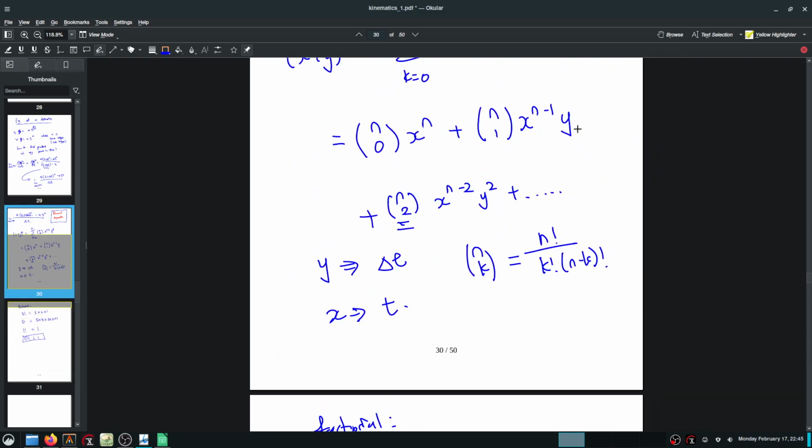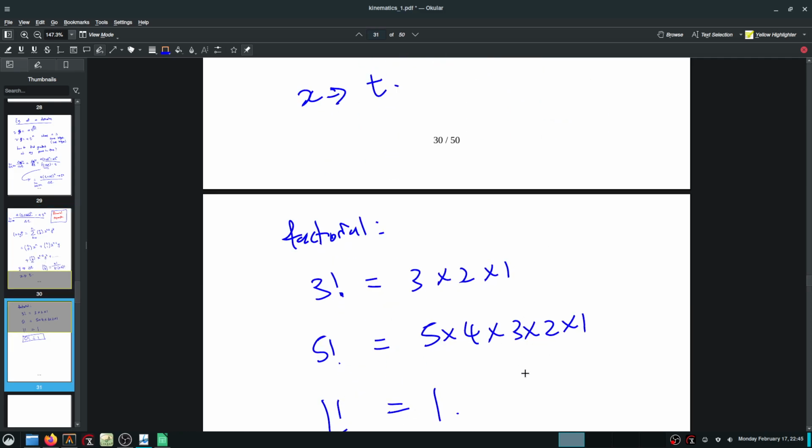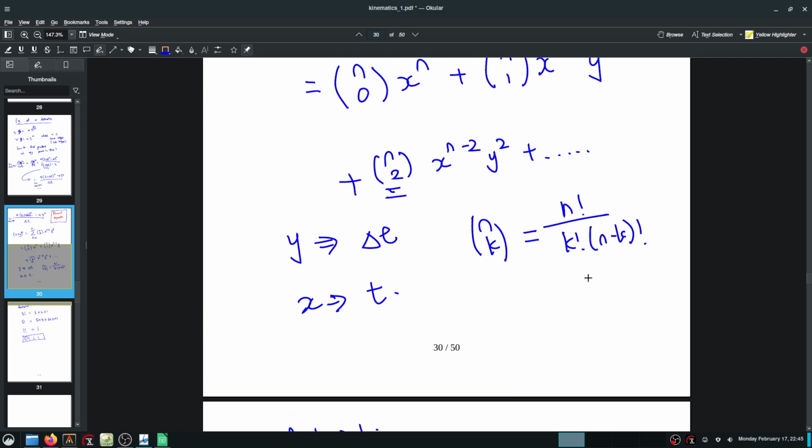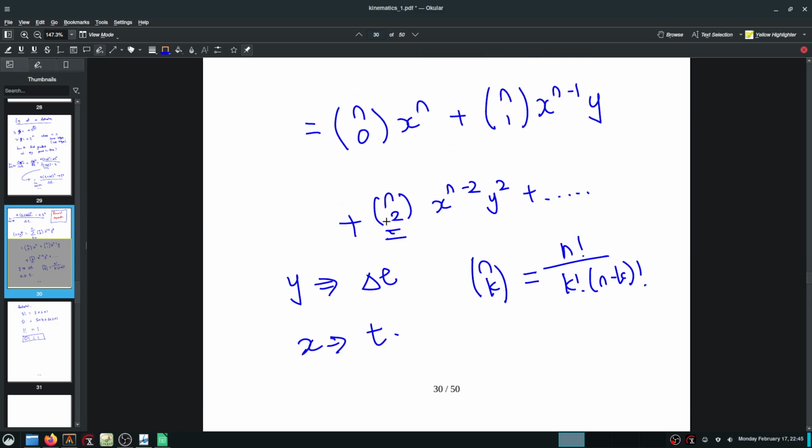So if you have 7 factorial, it's 7, 6, 5, 4, 3, 2, 1. You multiply all of that. So that's what factorial is about. So this term here has all these factorials, and that's all we need to worry about.